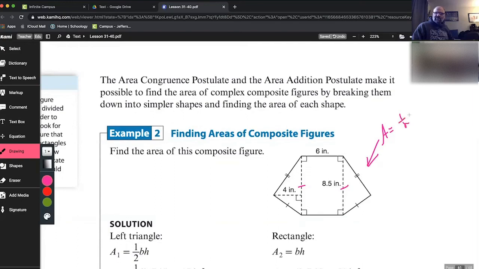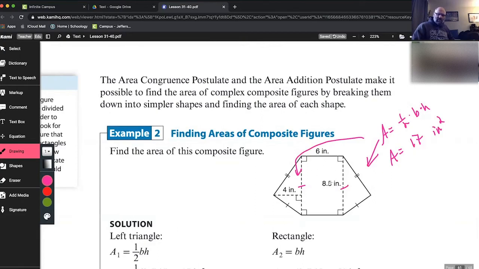One half base times height, right? What is that? 17 square inches. And it's also 17 over here, right? Boom, boom. Good. And then the area of this, what's 6 times 8.5?